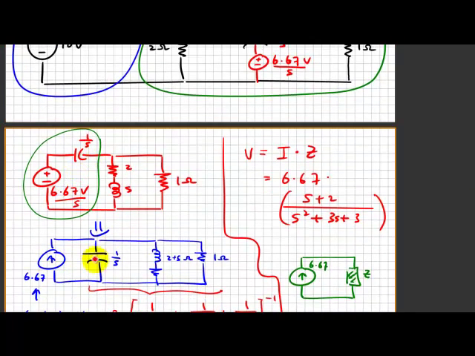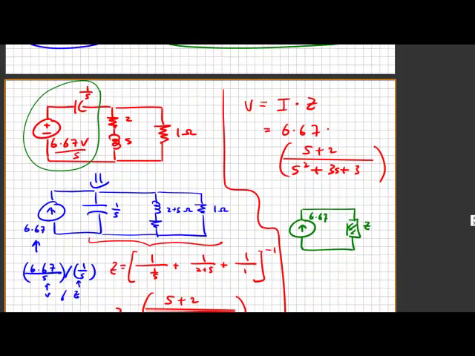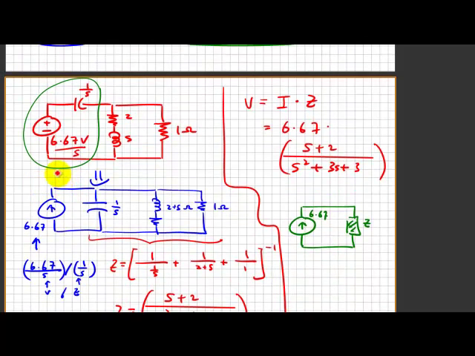Converting this part into this, you have a current source in parallel with 1 over s. The 6.67 divided by s becomes 6.67 because when we do the conversion, the current source I equals V over Z. That V is 6.67 divided by s, divided by the impedance of that capacitor, which is 1 over s.